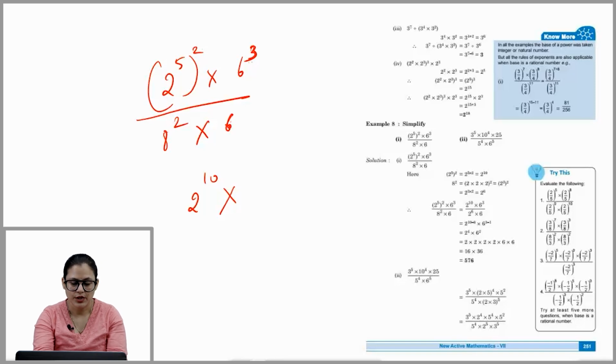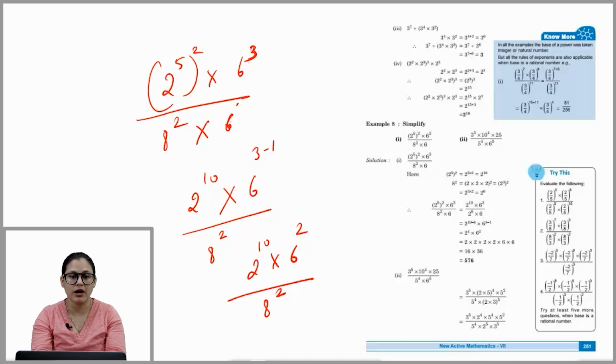We are dividing this, so what will you do? 6 raised to the power 3 minus 1, because here the power is 1. Okay. And 8 raised to the power 2. So 2 raised to the power 10 into 6 raised to the power 2 upon 8 raised to the power 2. Okay. Also, what we can do, we can also take 2 as base for 8.